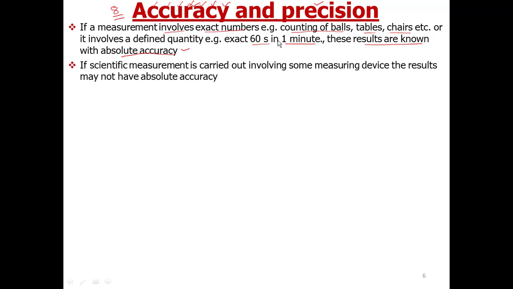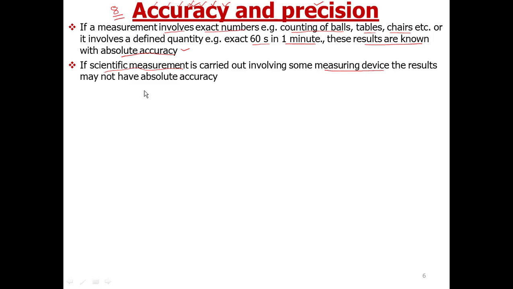But if we have to do some scientific measurement involving some measuring device, like if I say tell me your height, in order to know your height, you will take the help of a measuring tape, which is a measuring device.